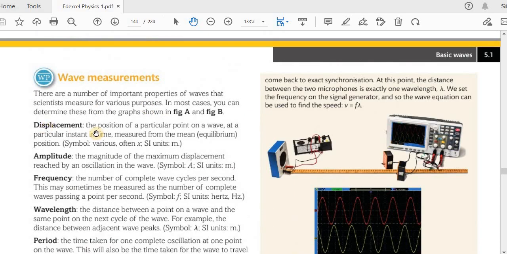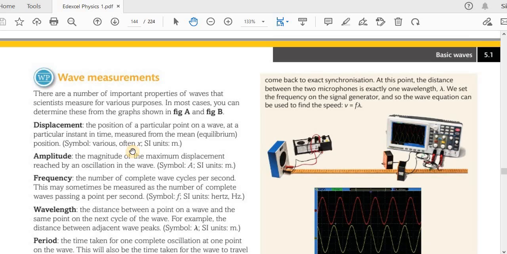Okay, so displacement is the position of a particular point on a wave at a particular instant in time measured from the mean or equilibrium position. We also call it the rest position. The symbol varies, often x. I mean we use x, we use s. In the case of motion, you would have seen the SUVAT equations, the equations of motion for uniform acceleration.